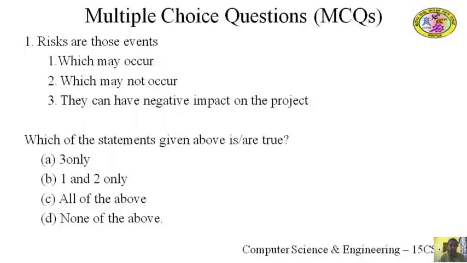Which of the statements given above are true? Option A, 3 only. Option B, 1 and 2 only. Option C, all of the above. Option D, none of the above. Do you know the answer for this question?